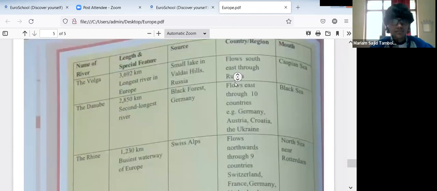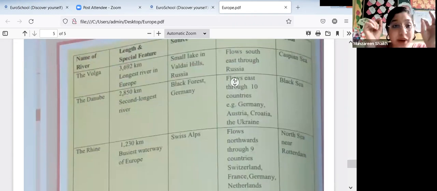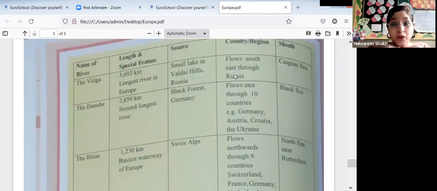Now, it is very nice that in your textbook they have given you a tabular form. This will make it easier for you to learn and remember. The list of the rivers which belong to Europe, their length, their source, from where this particular river originates, which country this particular river flows through, and the mouth.